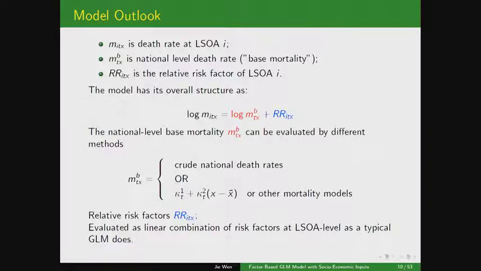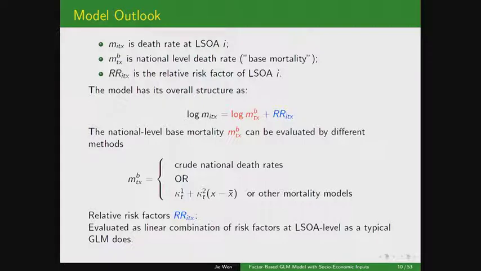And the overall model structure is like this: the log of m_ixt is equal to the national level mortality plus a shifting factor. Let's concentrate on the national part first. The m_bxt can be measured by different methods. For example, we can just use the crude national death rates as the measure, or we can use a parametric modeling structure, which was introduced by Torsten already.